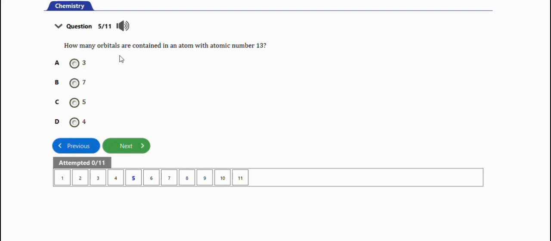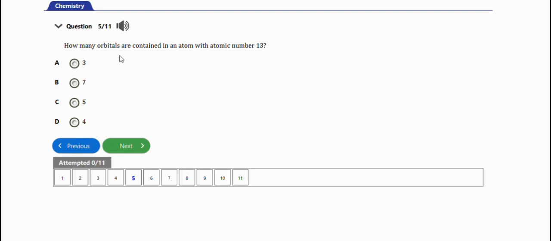The 2 is for the K shell, the 8 is for the L shell, and the 3 is for the M shell. So 2 plus 8 plus 3 gives 13. That's aluminium, right?